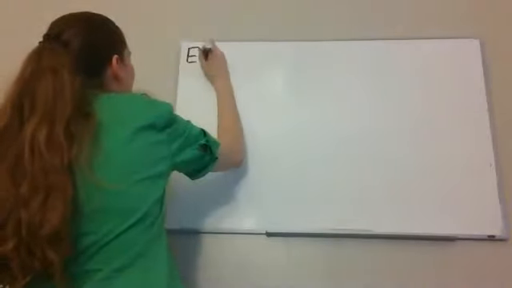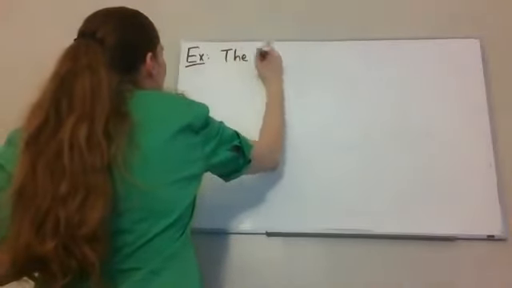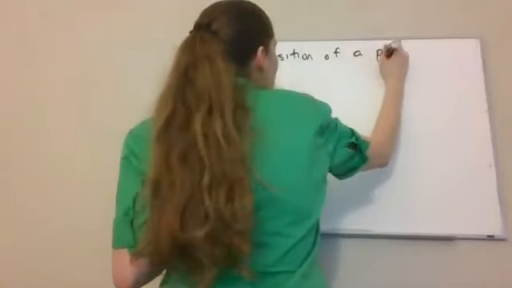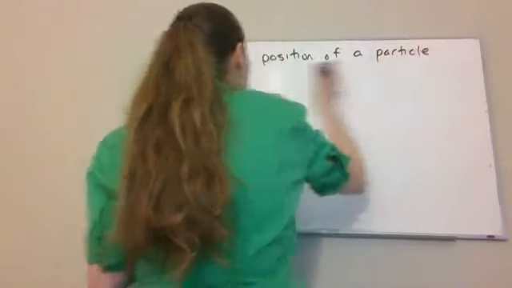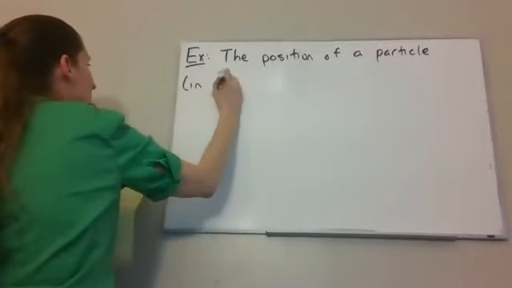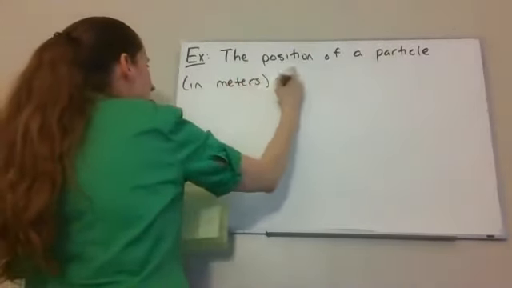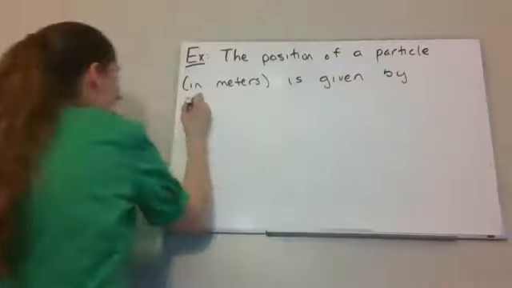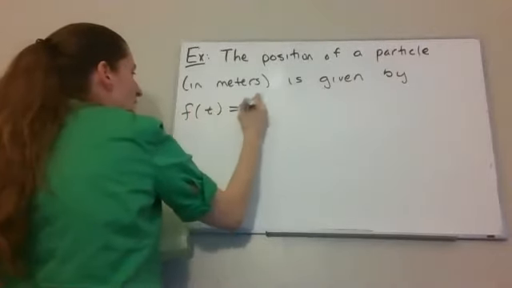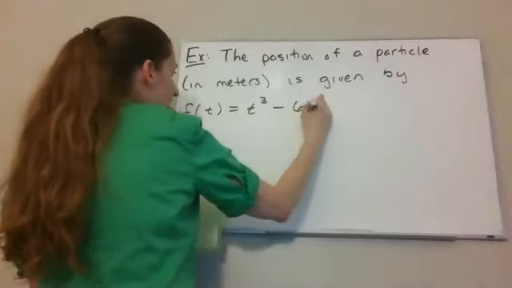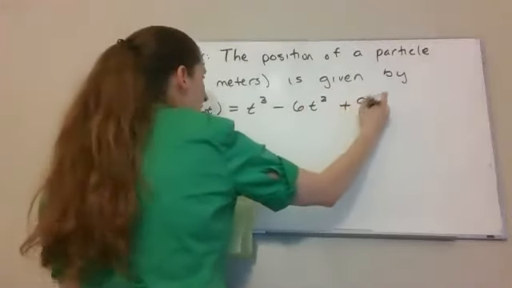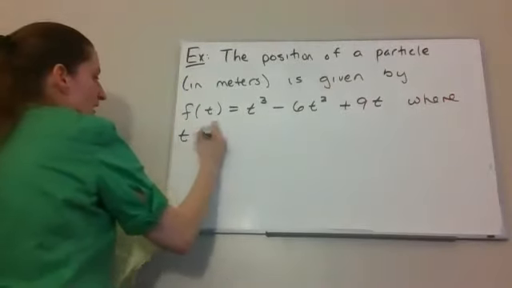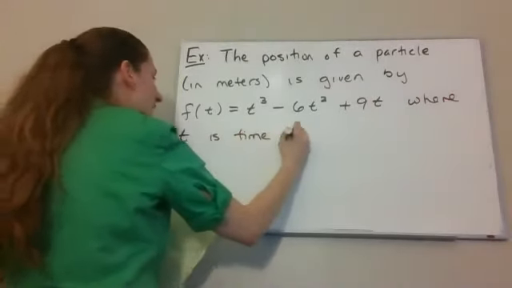So an example. The position of a particle in meters is given by f of t equals t to the third minus 6t squared plus 9t, where t is time in seconds.